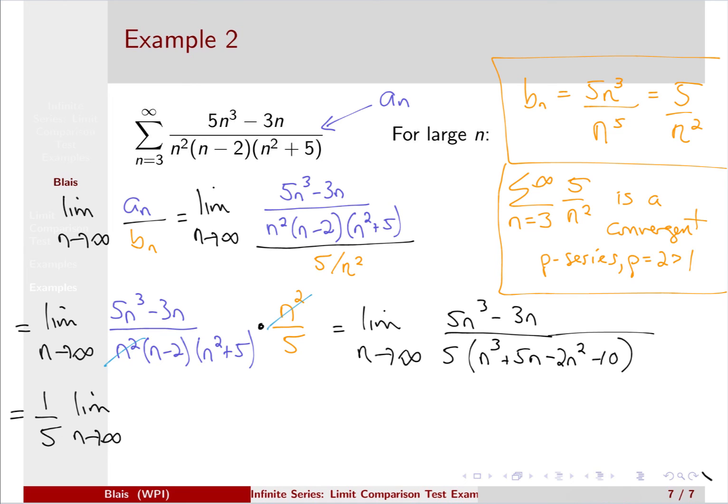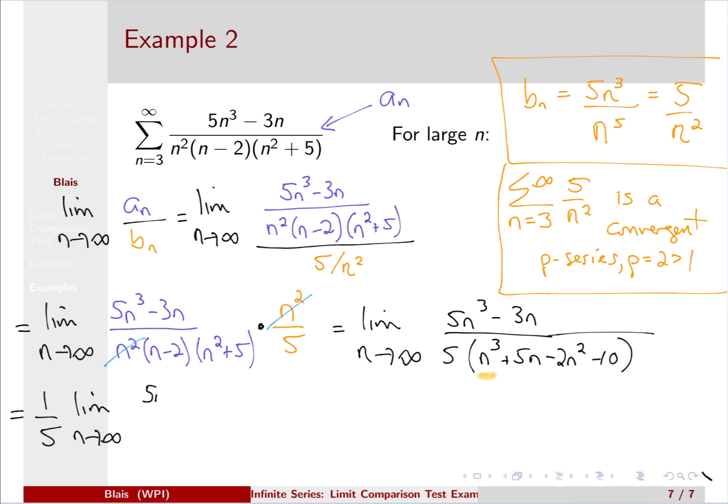And recall the way we do this is to identify the dominant term in the denominator and divide every term in the denominator and the numerator by said dominant term. And we see that the dominant term is this n cubed. So we divide every term by n cubed.